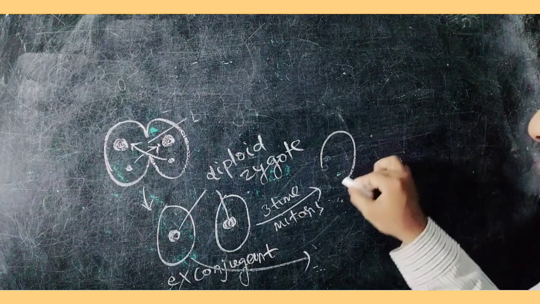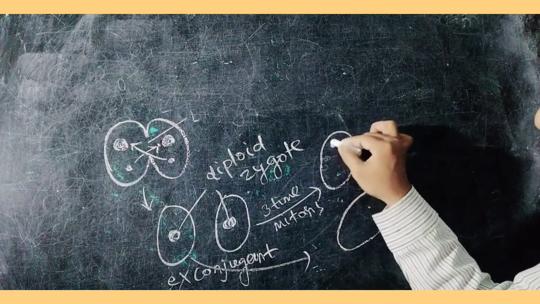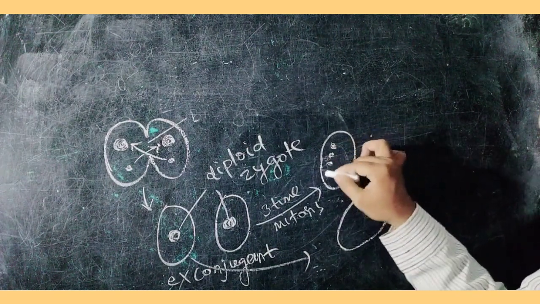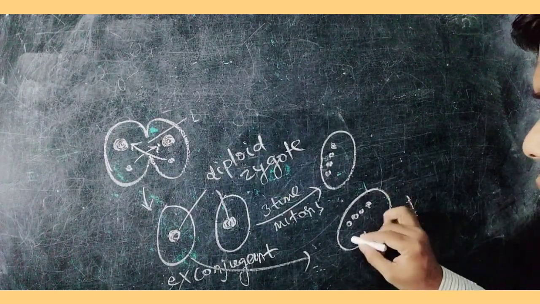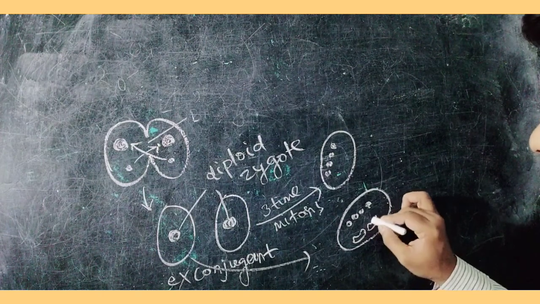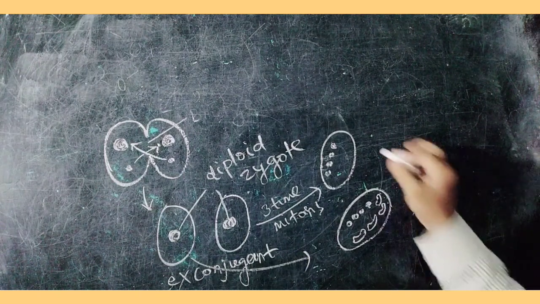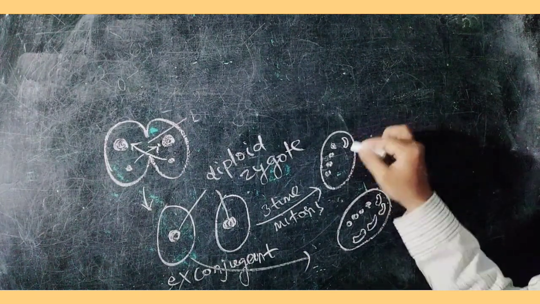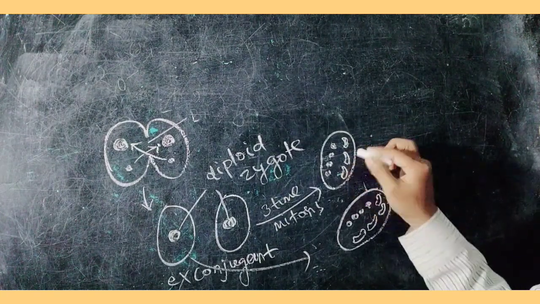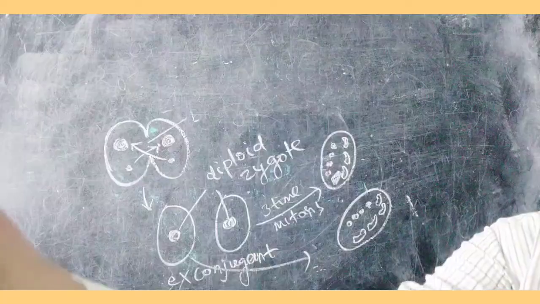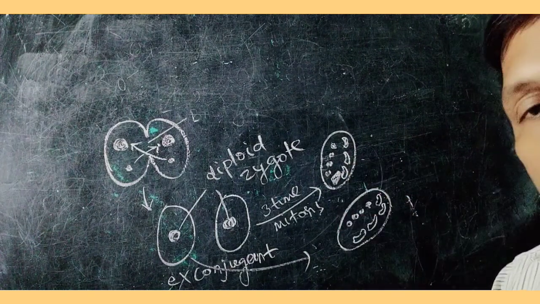So here in this and in this, eight nuclei are produced, out of which four are micro and four are macronuclei. Larger nuclei four and smaller nuclei four.